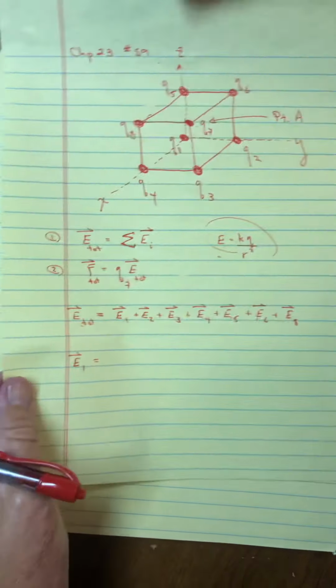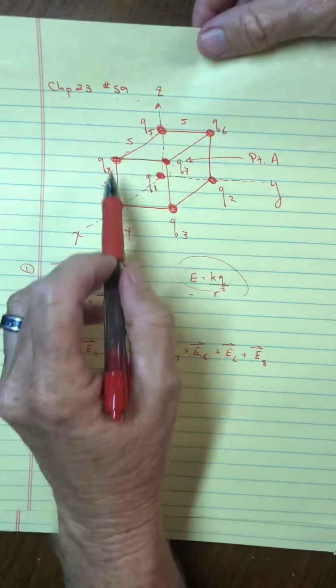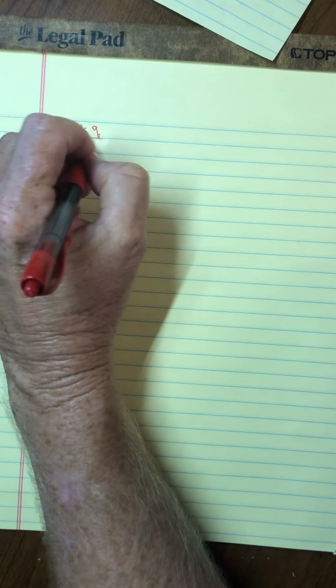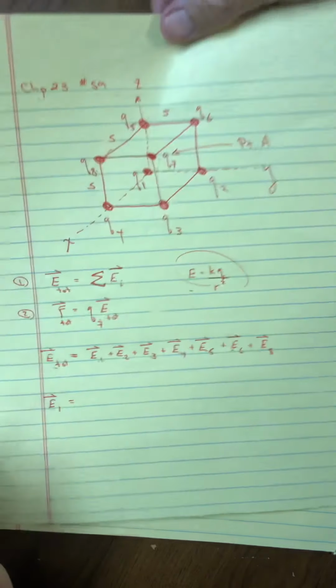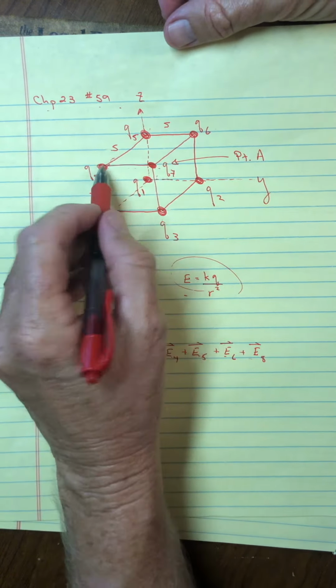So field number 8 would be Coulomb's constant times the charge of number 8. Now, they all have a charge of Q. And then the distance away, so this would be S squared. And it would point away from the charge if it is positive and towards it if it is negative. All right, so let's say it's positive.